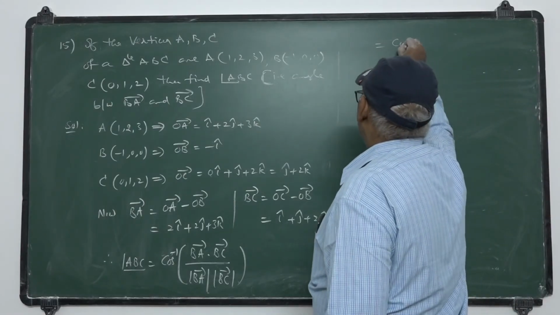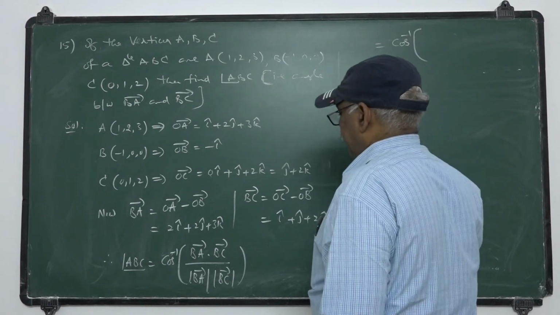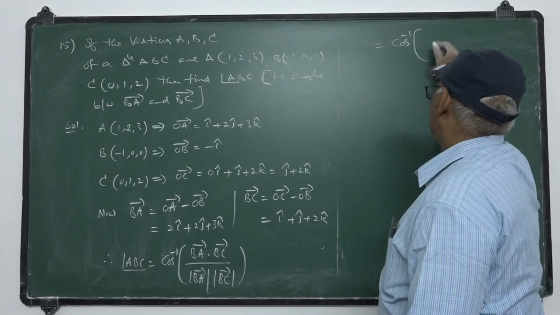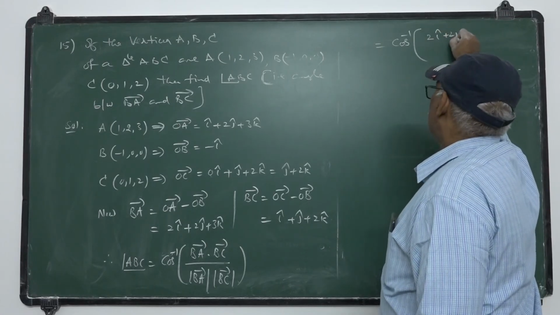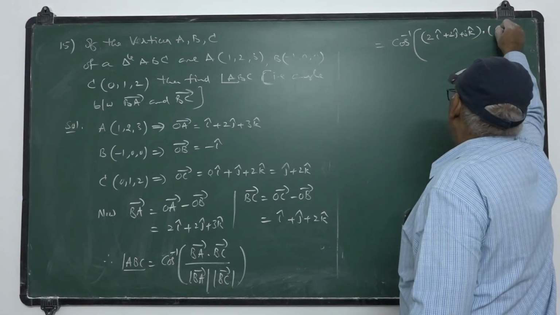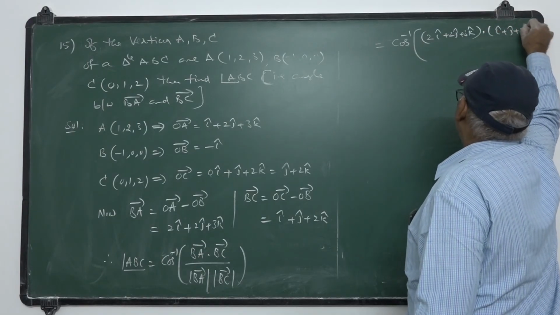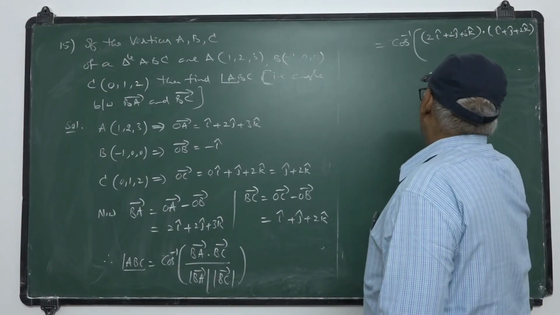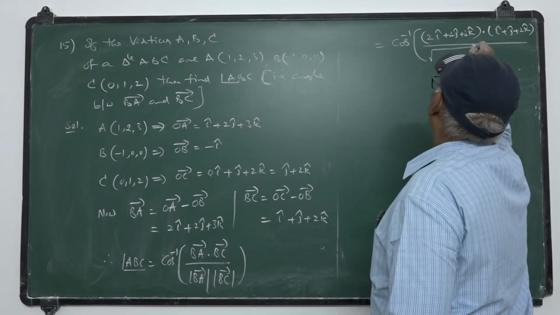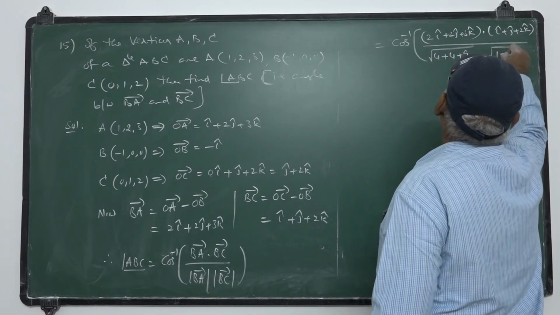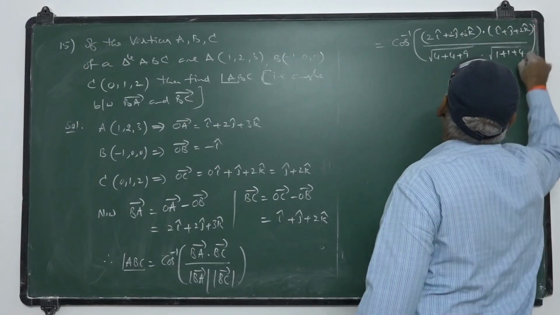That is equal to cos inverse of BA dot BC. BA dot BC is 2i plus 2j plus 3k dot i plus j plus 2k, by their magnitudes, root of 4 plus 4 plus 9 into square root of 1 plus 1 plus 4.